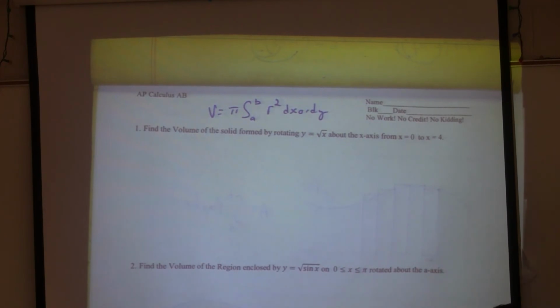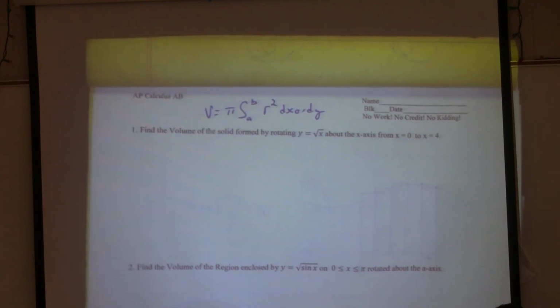So like, let's say this is the axis, and I have this line and I'm rotating it about here, then this space right here is going to be filled in. It's going to be solid, but it's going to have a space here that's going to be empty. So then it's going to change.